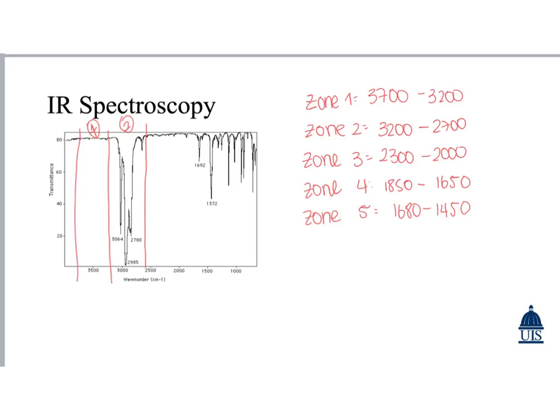The first peak that you see is above 3000 just by 64 numbers, which means the presence of sp2. But the other two are located below 3000. This indicates the possible presence of sp3.